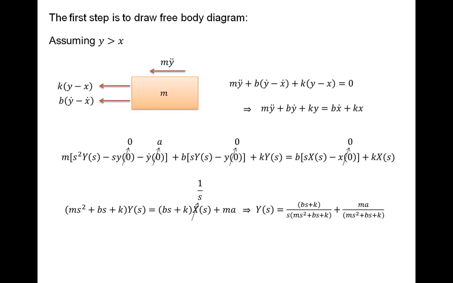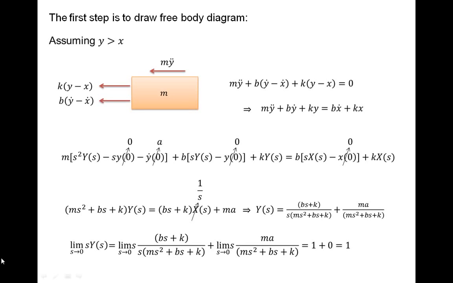To find the final value, I use the final value theorem, which says the limit of s Y(s) when s goes to 0 is equal to the limit of y(t) when t goes to infinity. By doing this limit, I multiply s by this fraction.